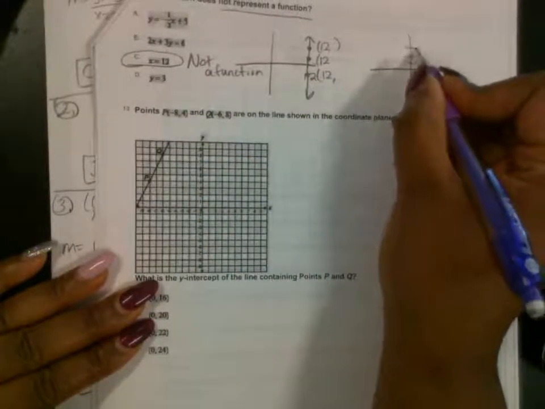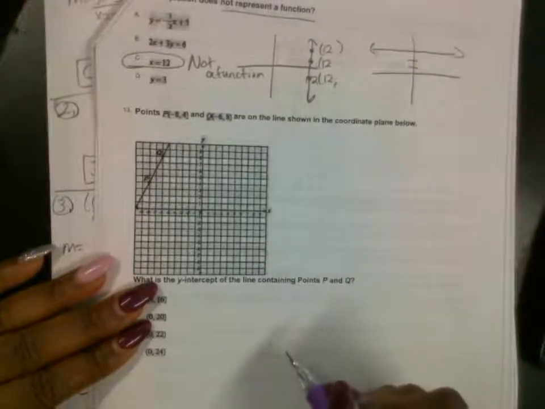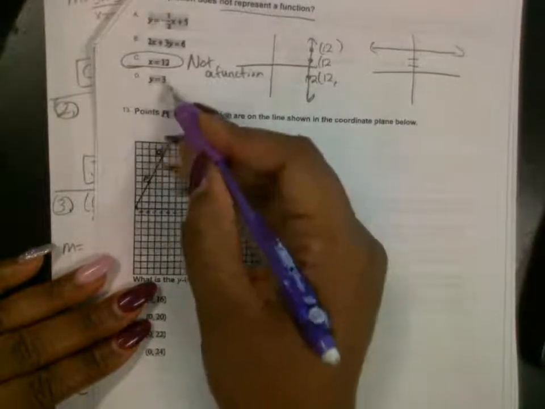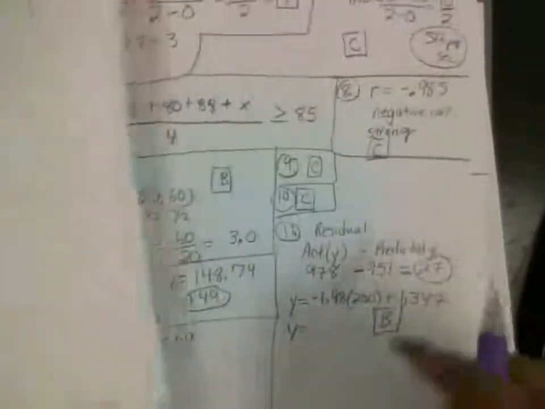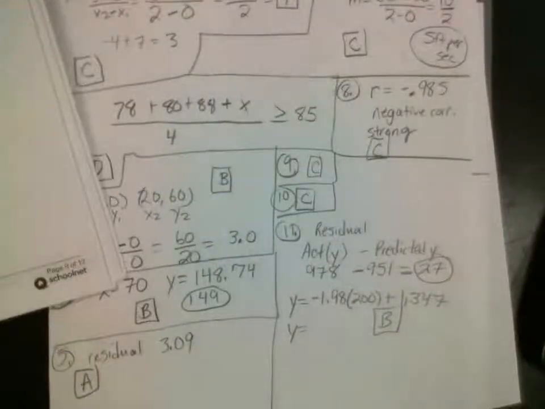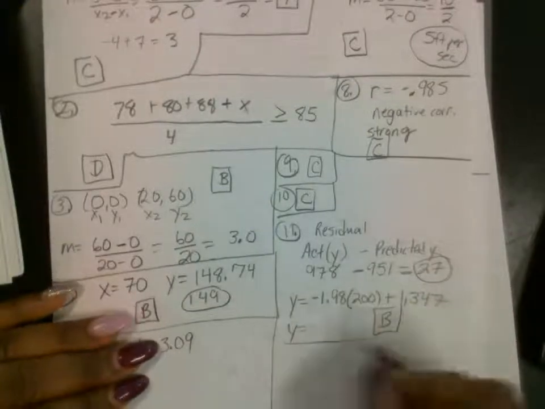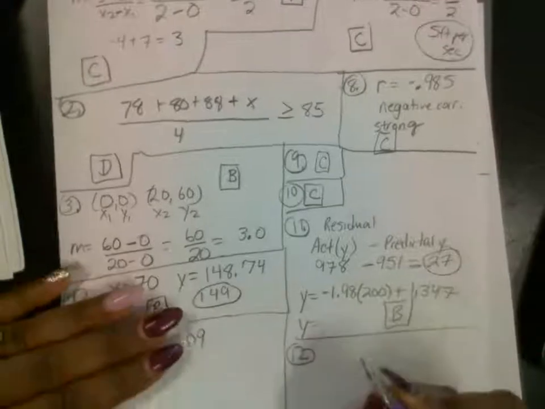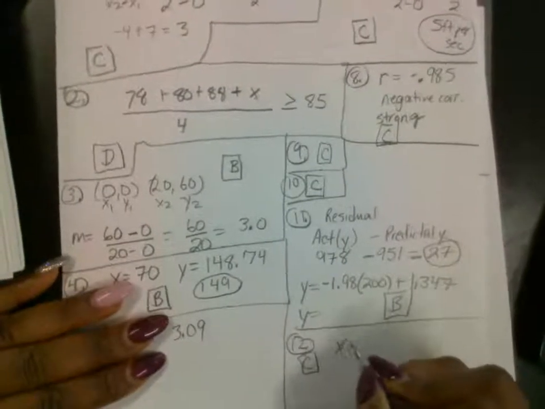To graph y is equal to 3, if you forgot, you find 3 on the y-axis, 1, 2, 3, and draw a line through it. All right, pause real quickly. So number 12 is C, which is x is equal to 12.